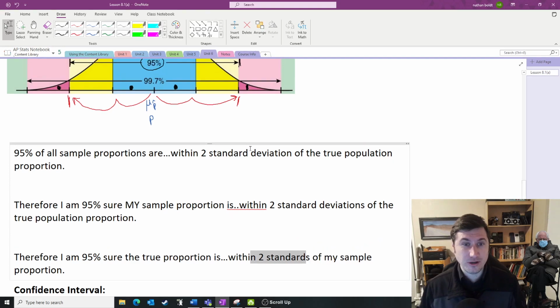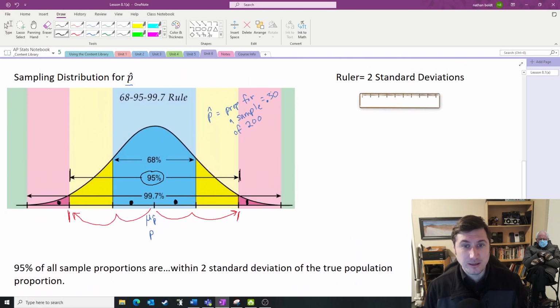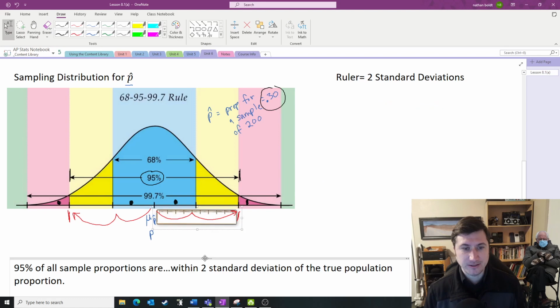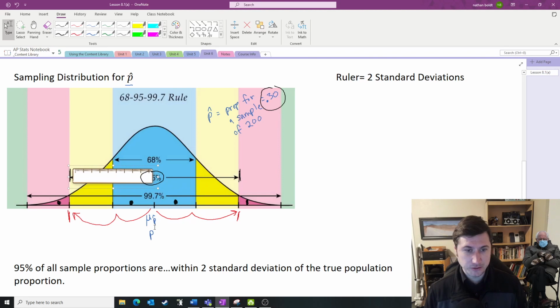All right, so again, what I'm doing here, I don't know where to put my dot for 30%. But I am 95% sure, all right, this is my 2 standard deviation ruler. I made it pretty much exactly 2 standard deviations wide. I am 95% sure it is within that range above and that range below.